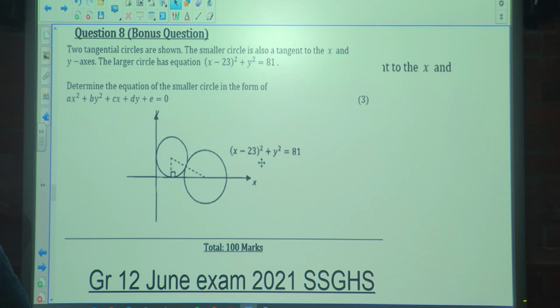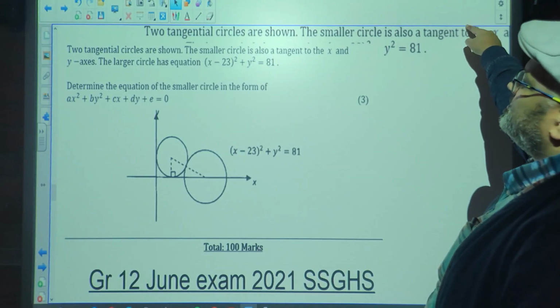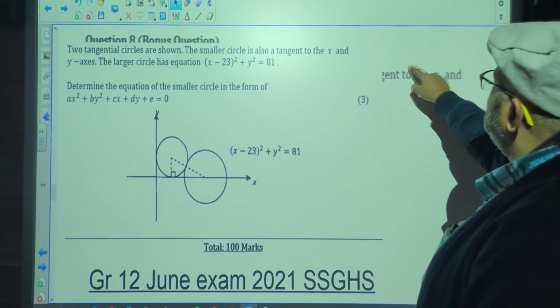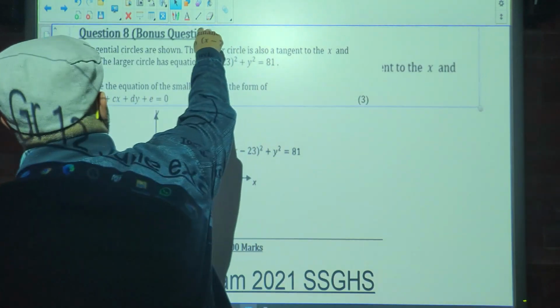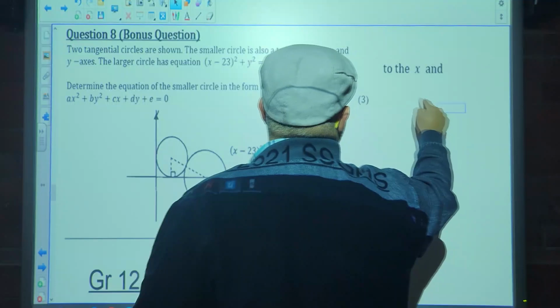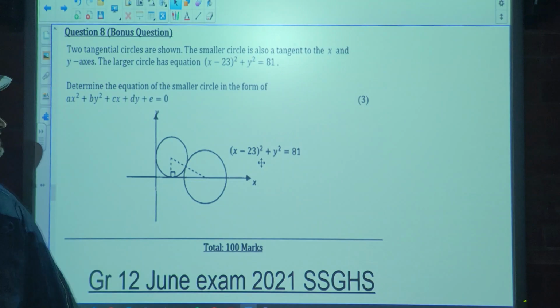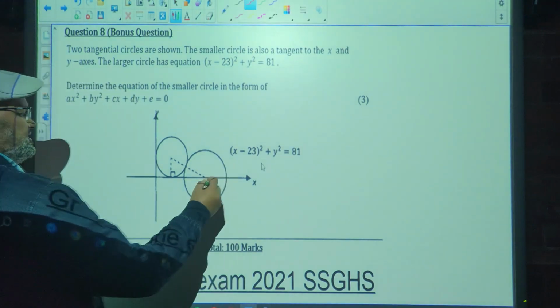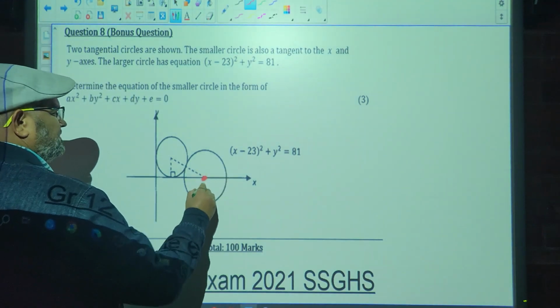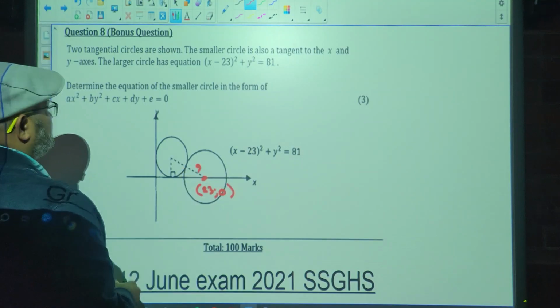The question says determine the equation of the smaller circle in the form of. Okay. Right, so if this is the case here, the largest circle center is going to be 23 and 0, of course, with the radius of 9.